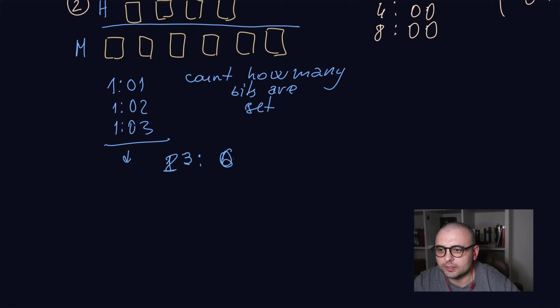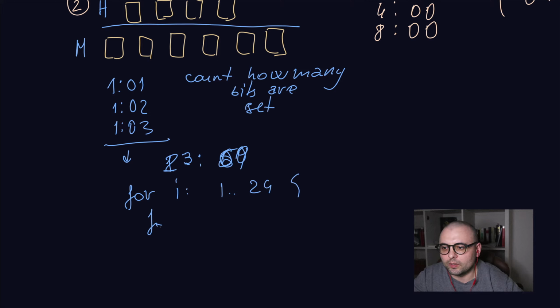So I can generate all possibilities. So this will be a for loop from i being 0. No, actually we don't do 0, we do 1, 23, or actually 24. And for j, we do 0.